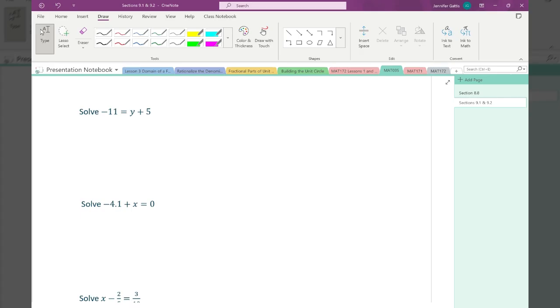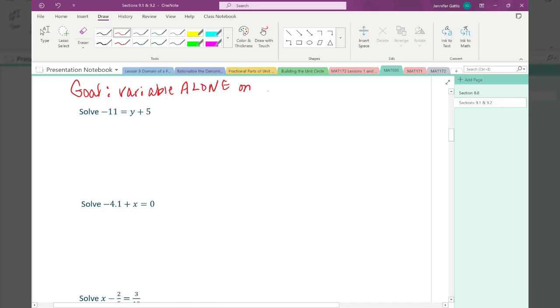The idea, so your goal is to have the variable alone on one side, and then all numbers on the other.